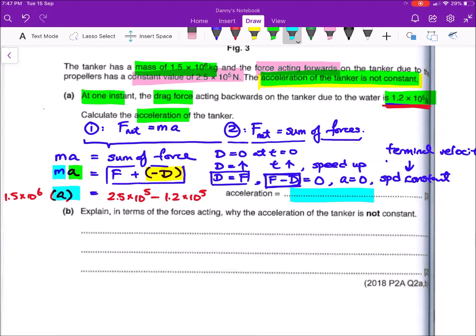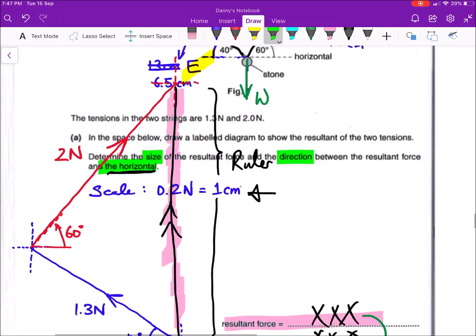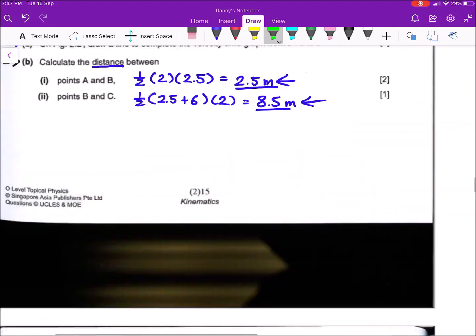Now for part B, you have to explain in terms of forces why the acceleration is not constant. And if you have been doing your TYS regularly, you will notice that, doesn't this look very familiar? Let's go back a few questions earlier.